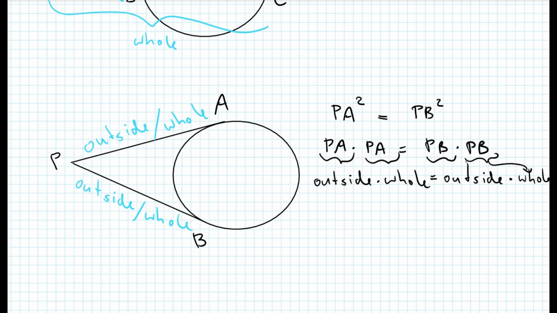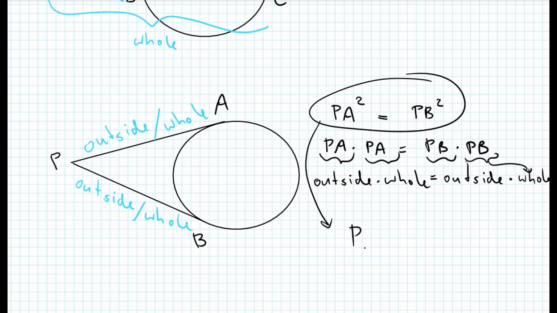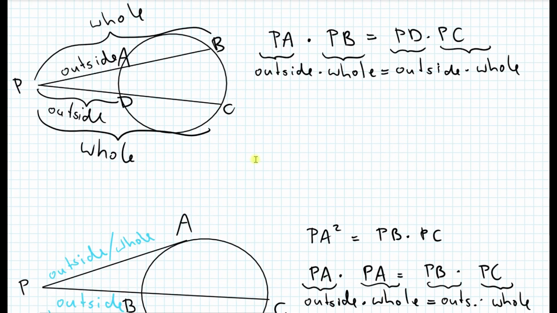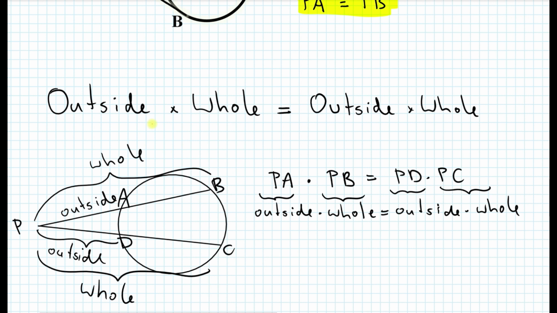Okay, over here. But since we have PA squared equal to PB squared, that just simplifies to PA equal to PB, and we are done, okay? So basically, the only thing I want you to remember is that the outside times the whole is equal to the outside times the whole. And this is really the most important part of today's lesson, okay?